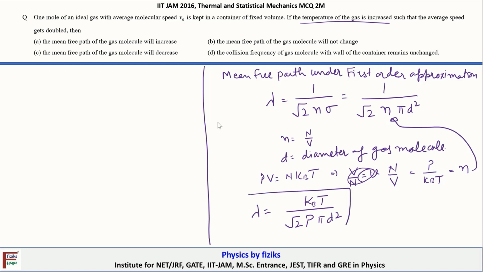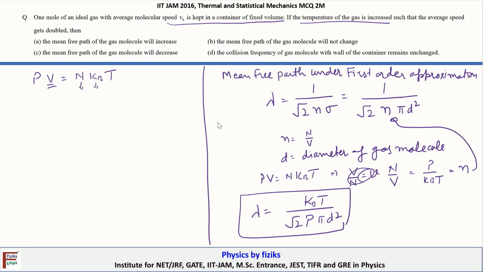Now we will try to understand this expression for the given condition. We are given that 1 mole of an ideal gas with average molecular speed v0 is kept in a container of fixed volume. So from PV equal to N kB T, when volume is fixed, then N is fixed, k is also fixed.